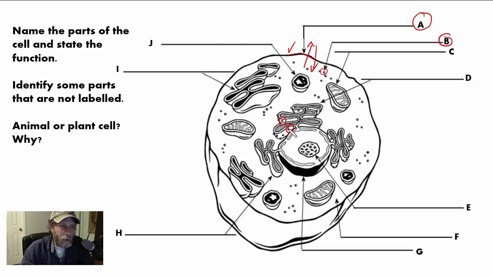Ribosomes are often found adhering to this structure, which we're going to identify very soon, or they may be floating freely. Do you remember where ribosomes are made? If so, yell it out. Do you all agree that ribosomes are produced inside the nucleus? Now, this is not that region.